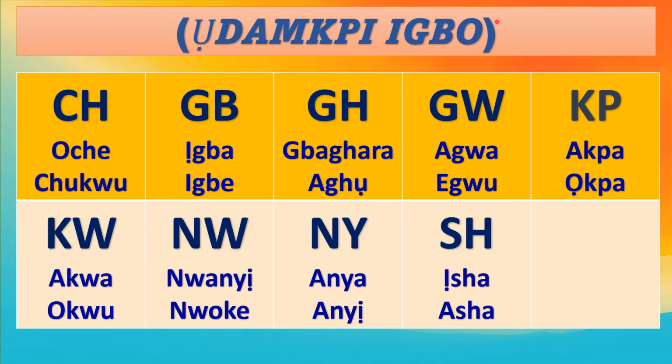After that we have r. Example of a word that contains it is biara, which means forgive or pardon. Then we have agwo, which is snake.